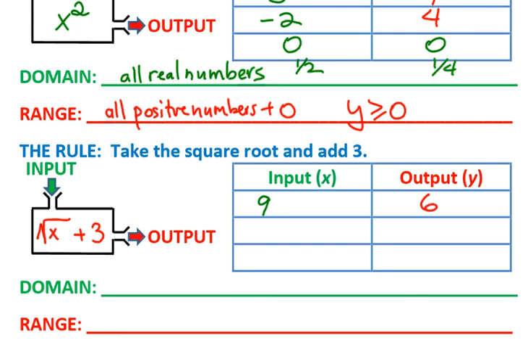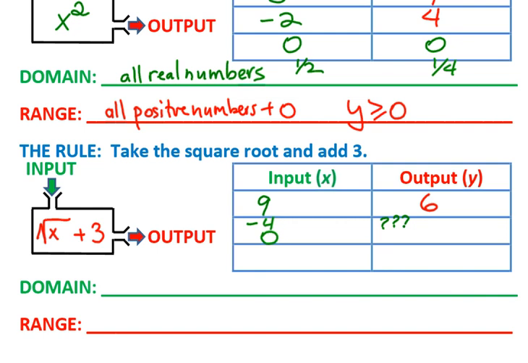If I put in, say, a -4, again, something I know the square root of. The square root of negative, that won't work. I can't take the square root of a negative number, so no answer is going to come out. For -4, we'll just say it broke our machine. It doesn't work. What about if we put in a 0?